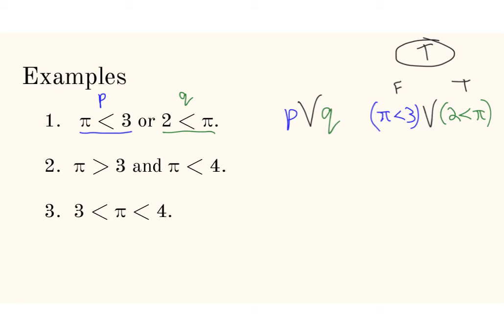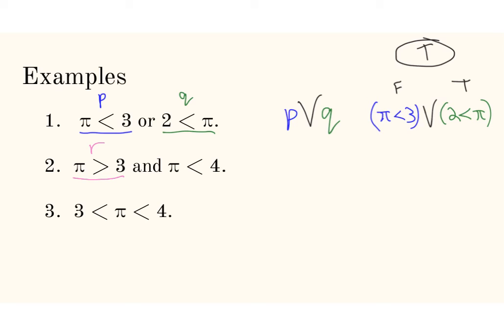So be careful. This here, pi is greater than 3, is not the negation of P. You need to be careful about that. So we need to give this a different name because it's a completely different statement. We'll call it R. So we have the statement R, which says pi is greater than 3.